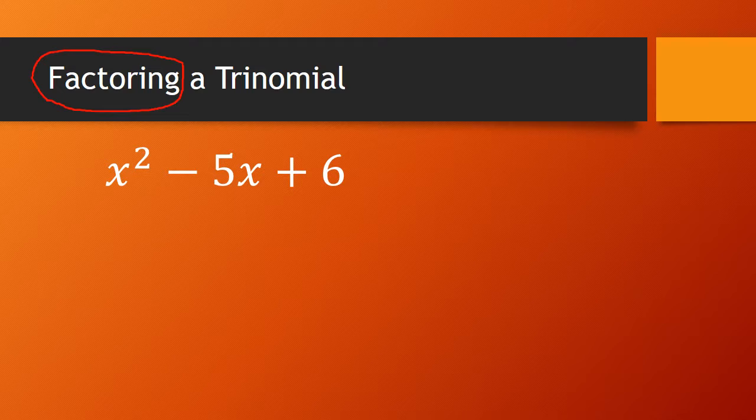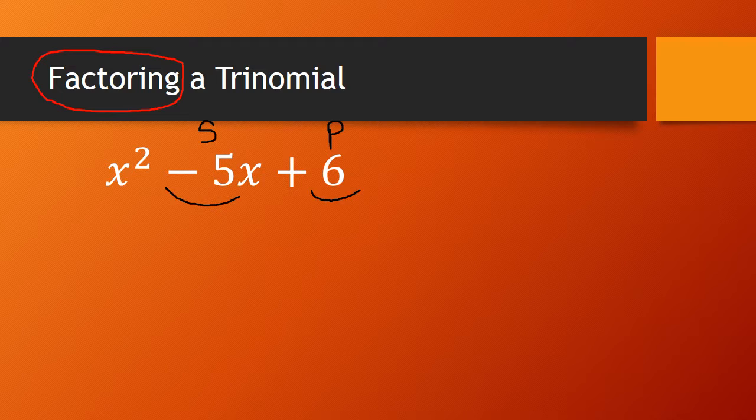So to be able to factor, I have to use the information that I learned from our previous example to be able to factor this trinomial. I learned that the last number is the product of the two numbers inside the binomials, and the middle number here is the sum of the numbers in the binomials.